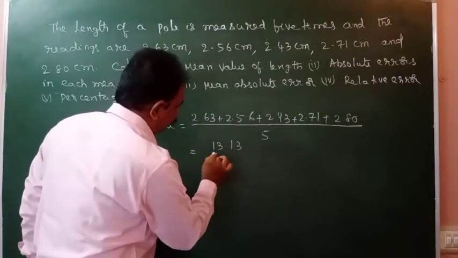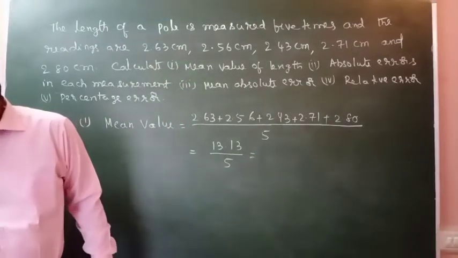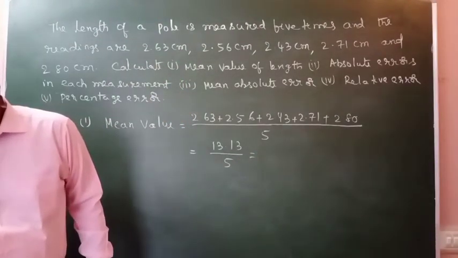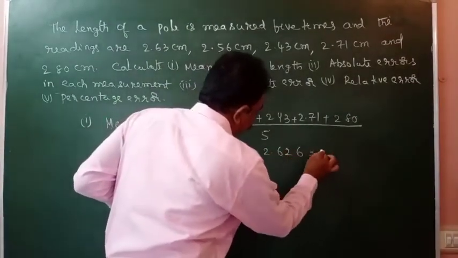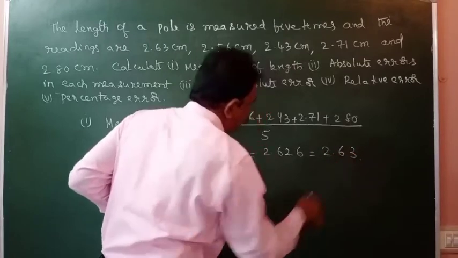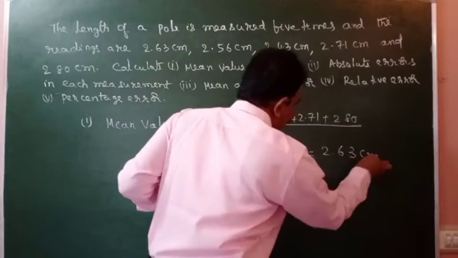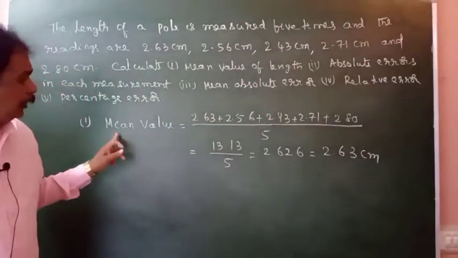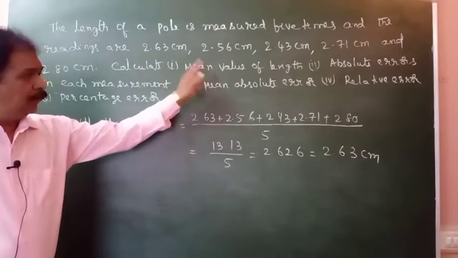If you divide this by 5, then we will get the value as 2.626. Means we can write it as 2.63 centimeter. That is the mean value of length.